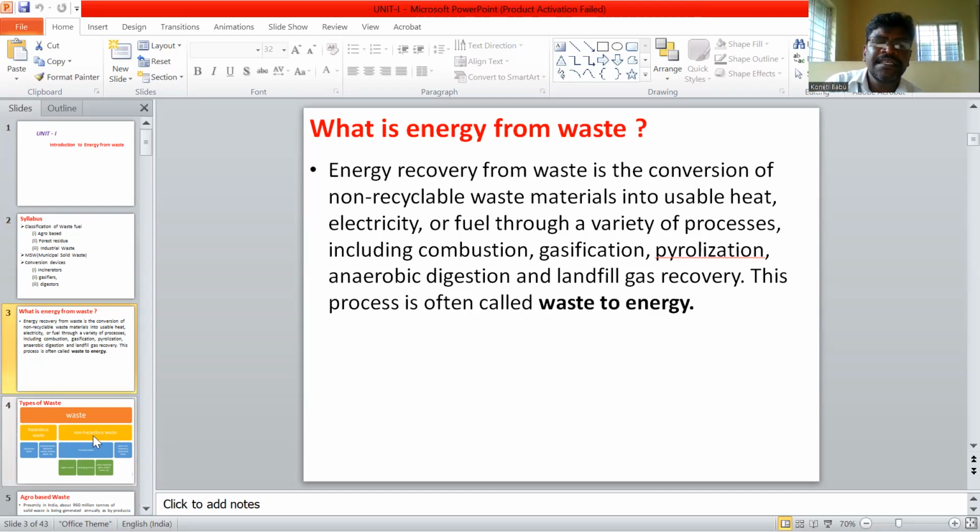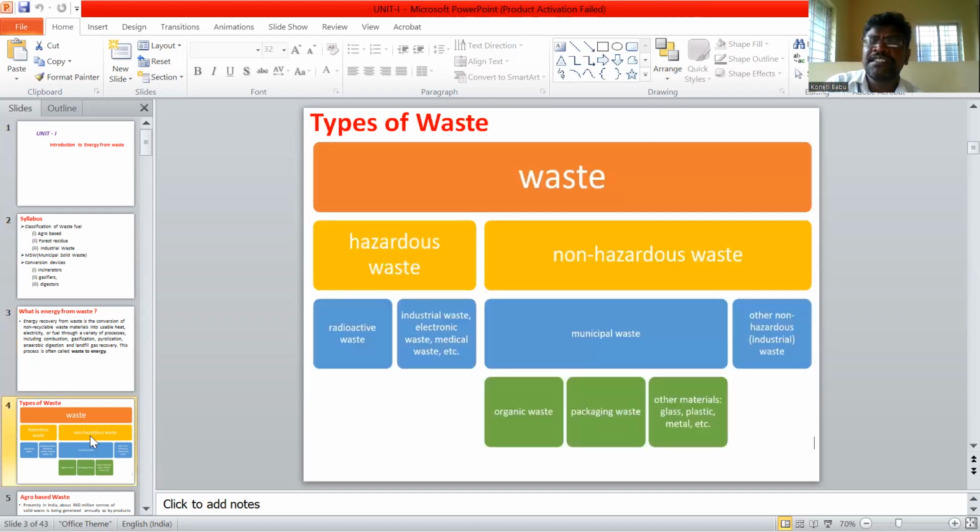Generally, waste is classified into general types: hazardous waste and non-hazardous waste. Hazardous waste includes radioactive waste, industrial waste, electronics waste, medical waste, and chemical waste.